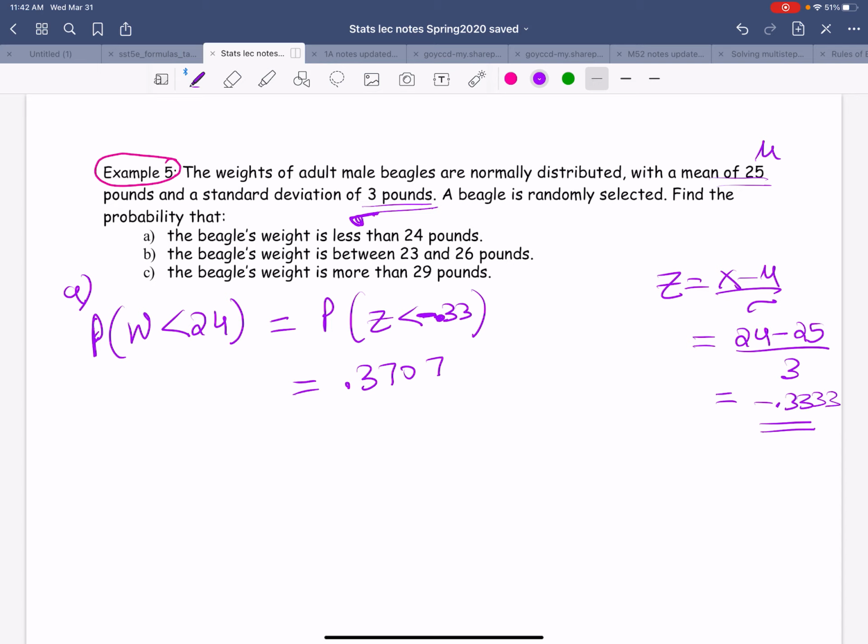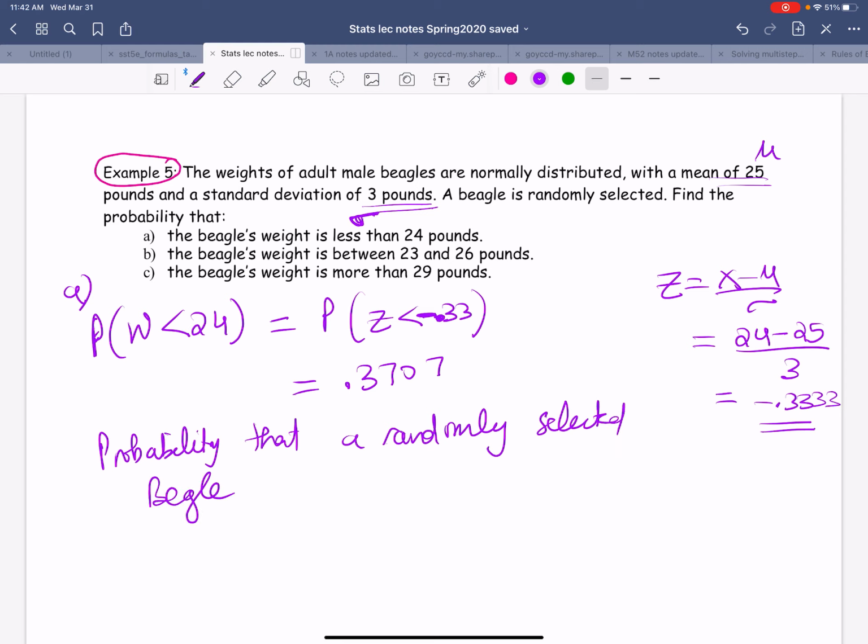So the probability that a randomly selected beagle weighs less than 24 pounds is 37.07%, or 0.3707.